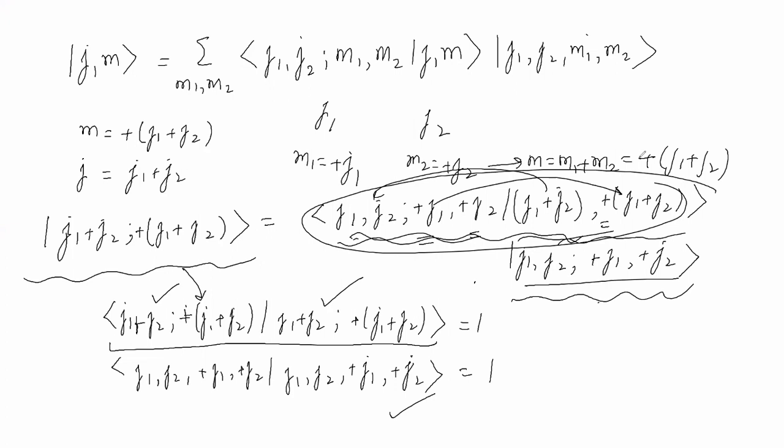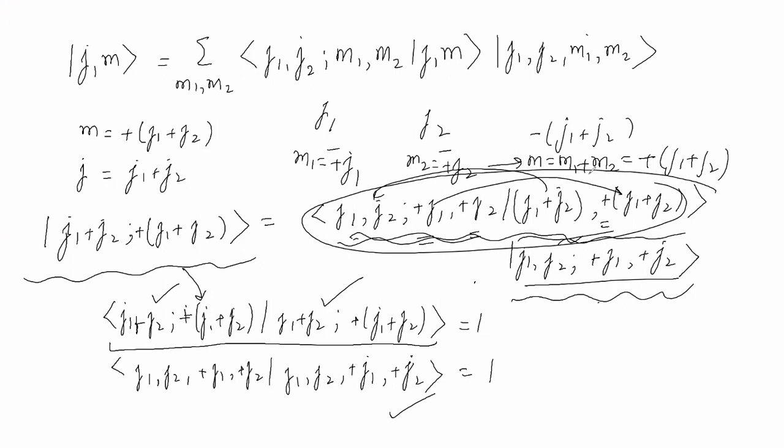Similarly, if I take the minimum projection, minus J1 plus J2, that means I take this as minus J1 and this as minus J2, such that this is minus J1 plus J2. You can directly see that the value also turns out to be exactly 1. Okay?